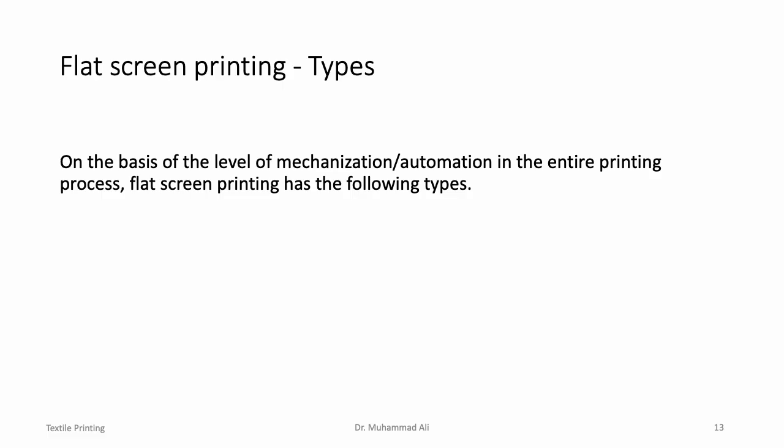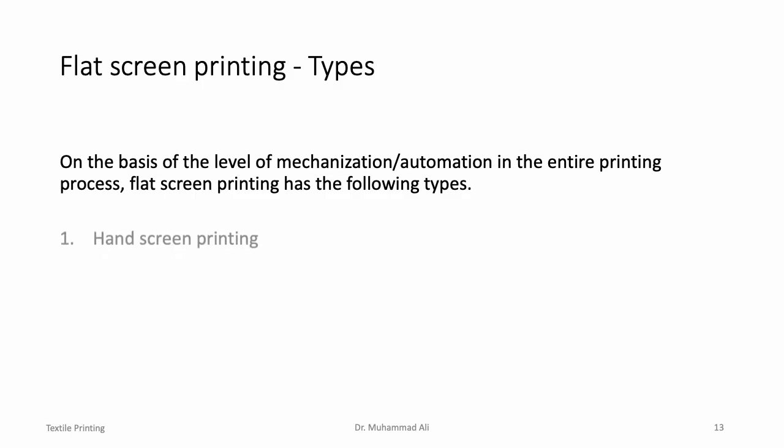Okay, then there are further types of the flat screen printing process, and these types are on the basis of the level of automation in the entire printing process. So the steps that you have seen, a certain number of these steps could be automated or mechanized. And then how many of these steps are automated will determine the type of the flat screen printing process.